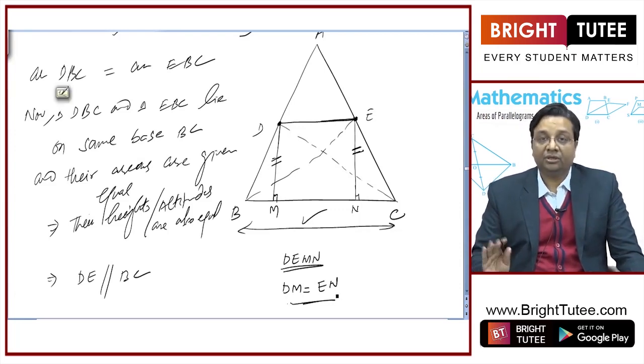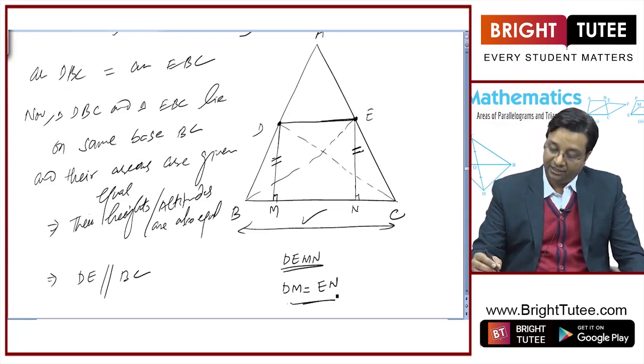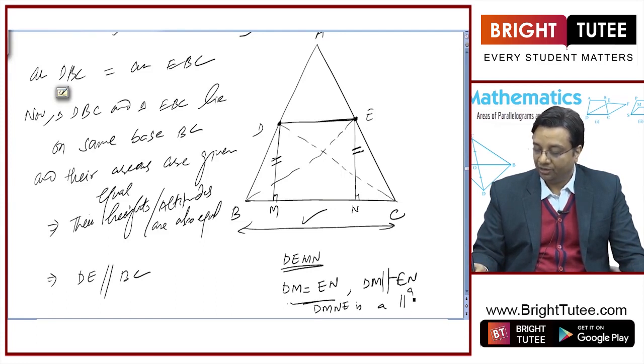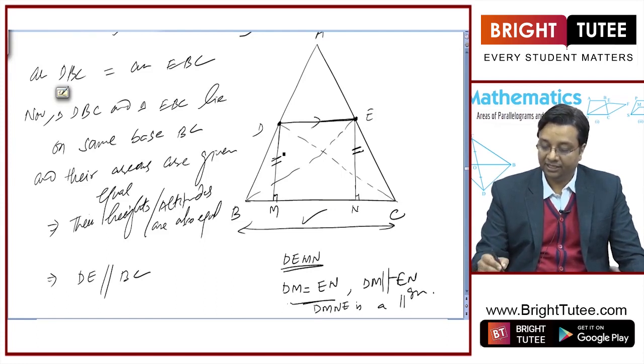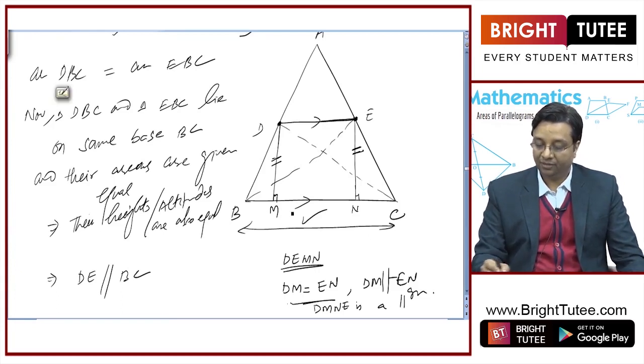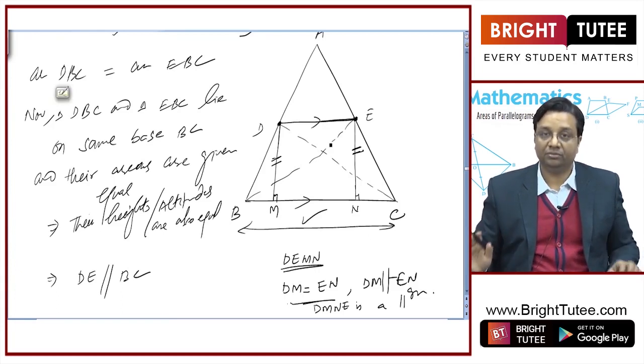Now DM is equal to EN, and DM and EN are parallel also. DM is parallel to EN. Why? Because these are perpendiculars on the same line BC. So can I say DMNE is a parallelogram? Yes, hence DE is parallel to MN, which is part of BC, so DE is parallel to BC.